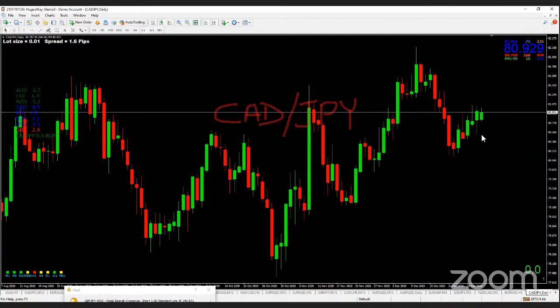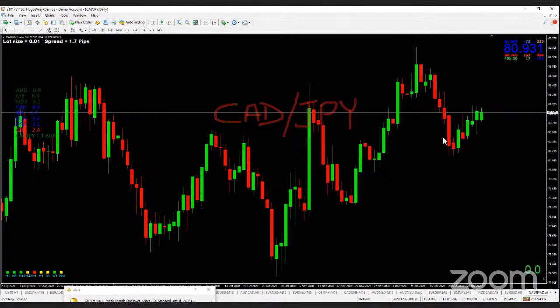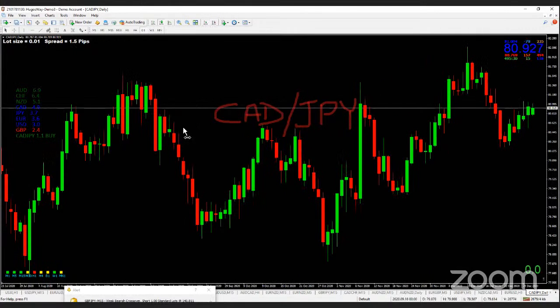So it's not really pushing up as much as perhaps some of us would like. This is where it started moving up. Over the last couple of days, it's only done about 90 pips. But going with the currency strength meter, I would not have chosen this pair.